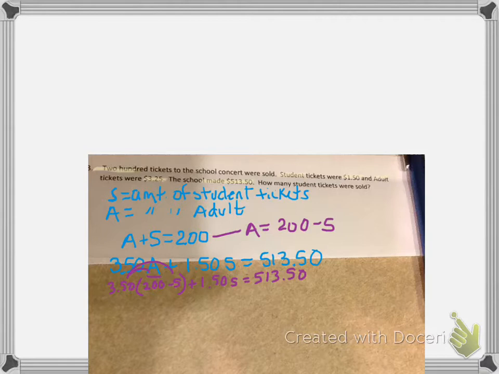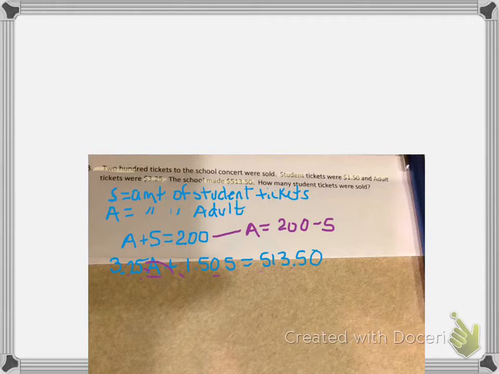So 350 times the 200. Okay, wait a minute here. I messed up right here because it's 325 in the story. So let me start over right here. So this right here is 325. Sorry about that.